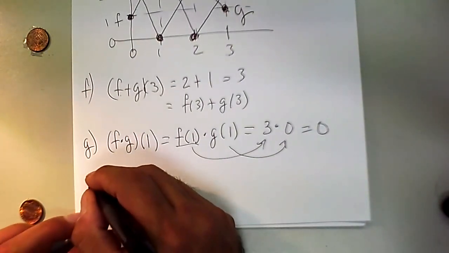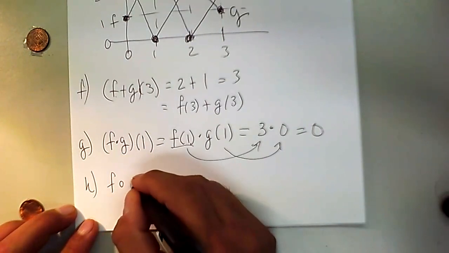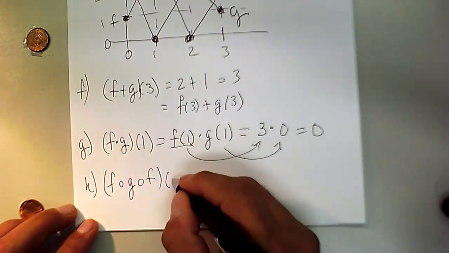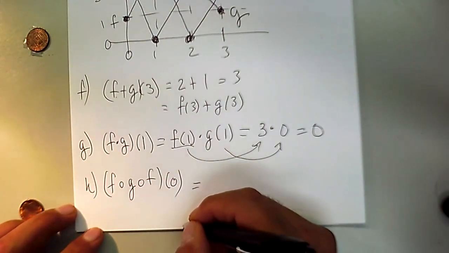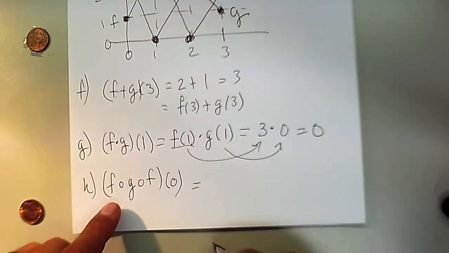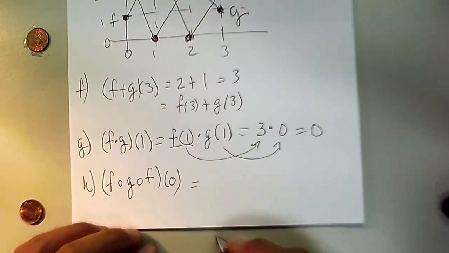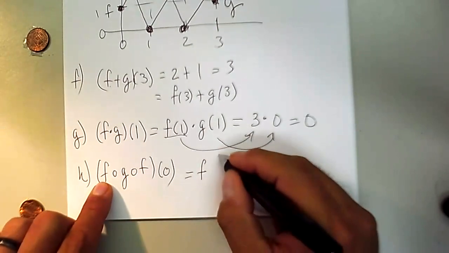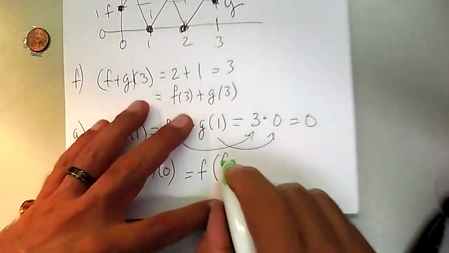One more. So let's do F composed with G composed with F of 0. Whoa. Okay. Now, even though the composition is associative, we really want to go this way.